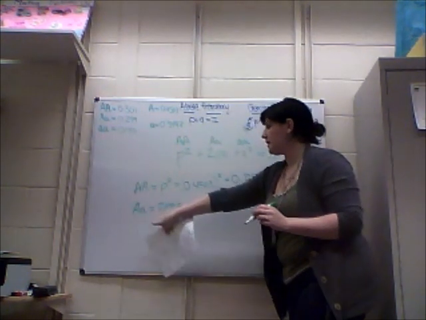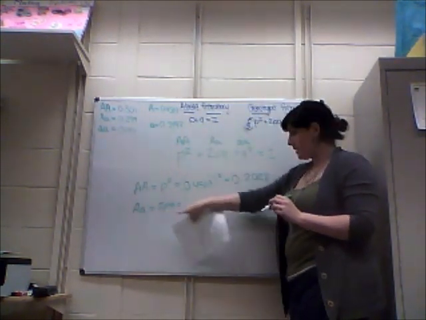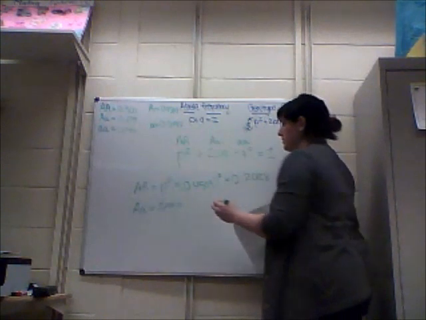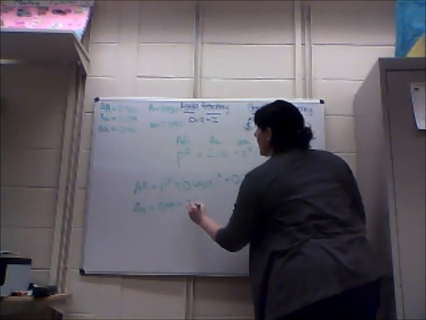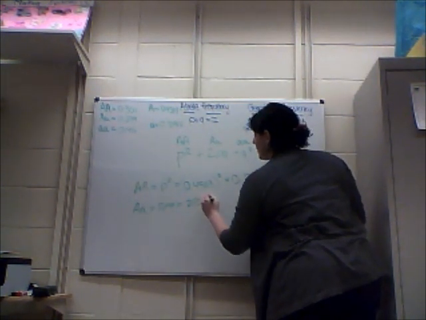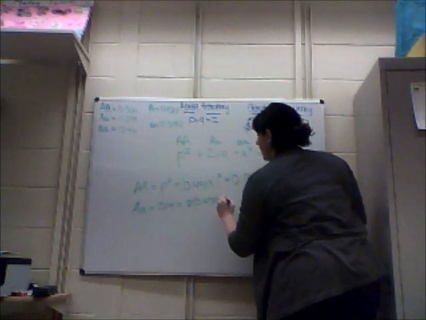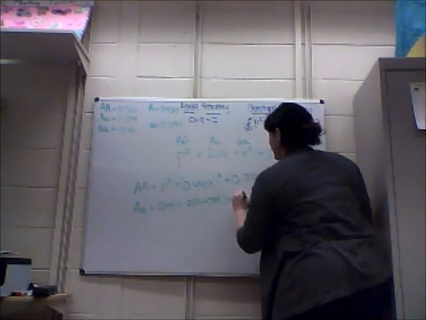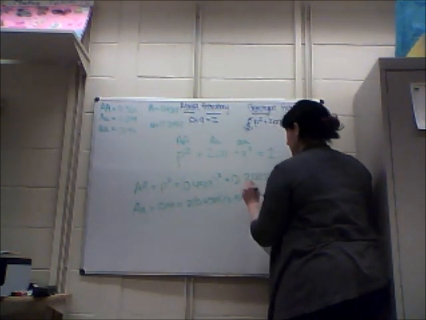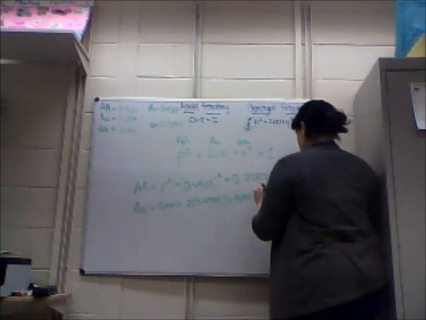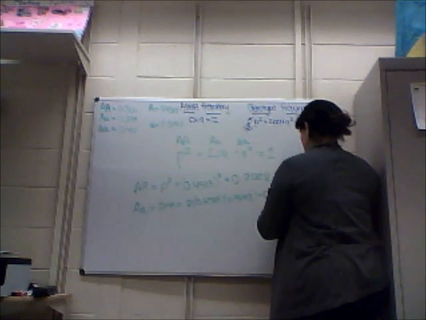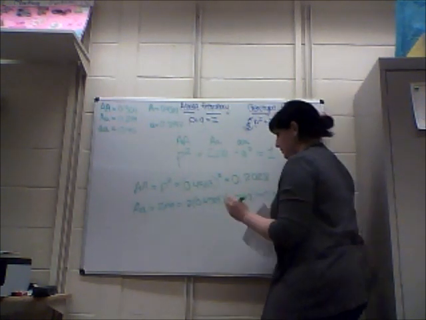So our big A little a is equal to 2pq. That's the term that represents our heterozygote. And we do 2 times 0.503 times 0.5497. Heterozygote.